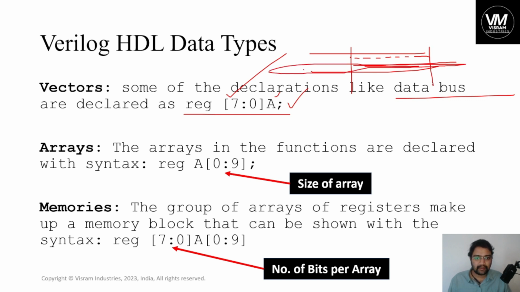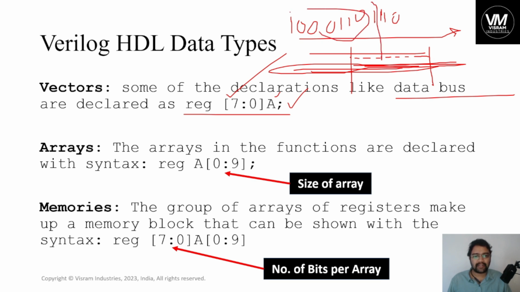It can carry only 8 bits. It can't carry 16 bits. So when 16 bits of data come, 1 0 0 0 1 1 0 1 1 1 0, you will only collect 8 of them. Only 8-bit data will be transmitted and the rest will be lost.